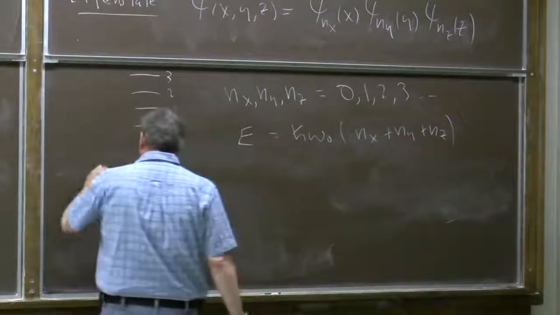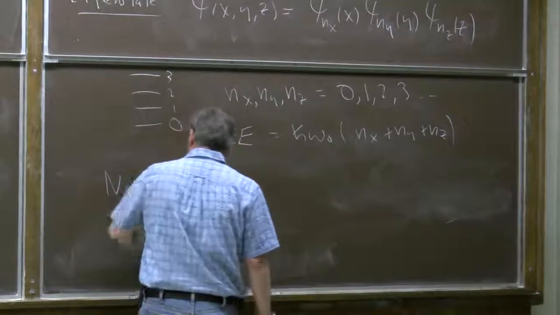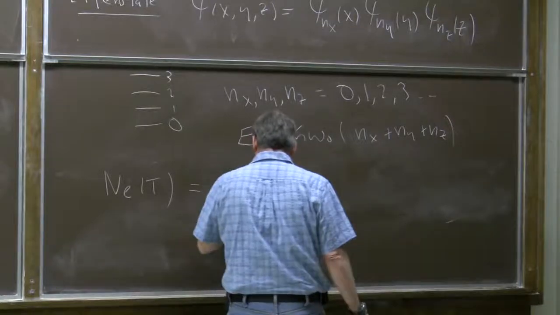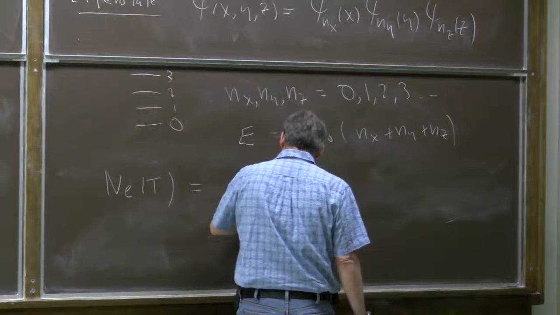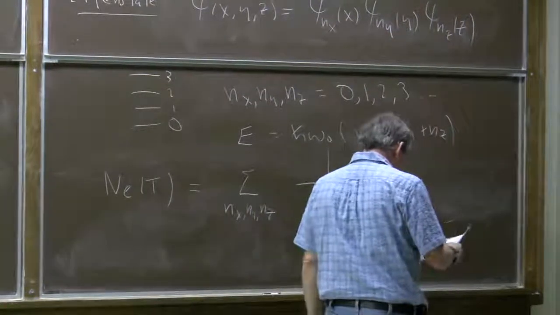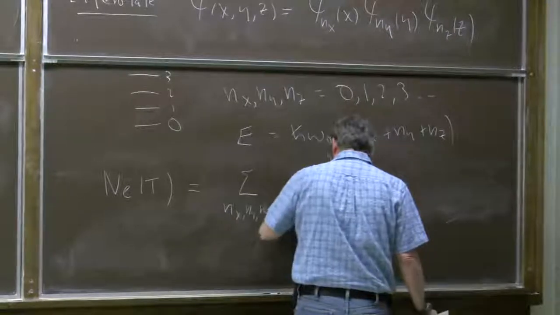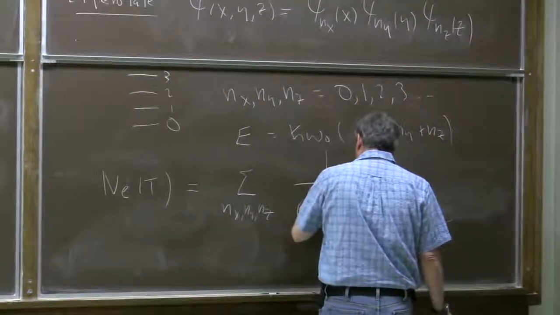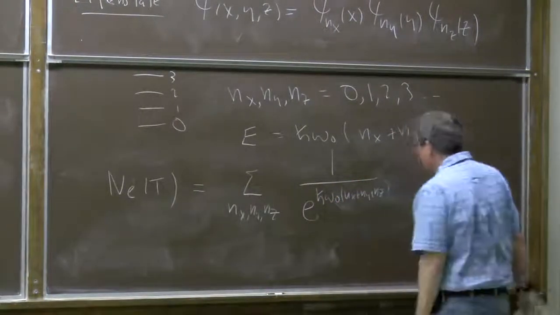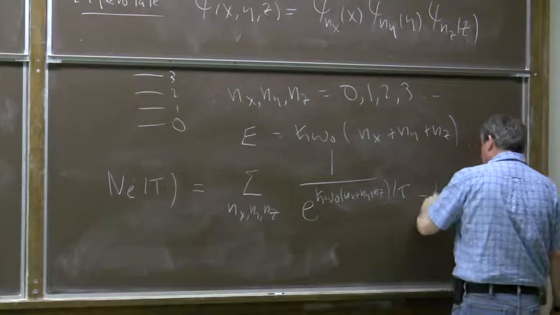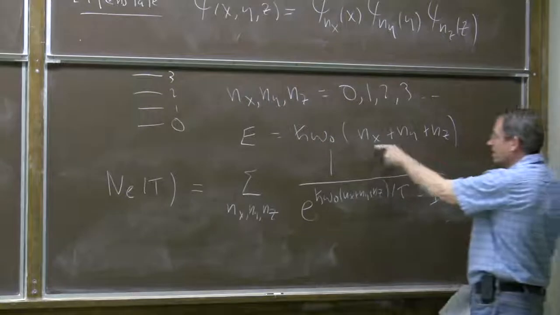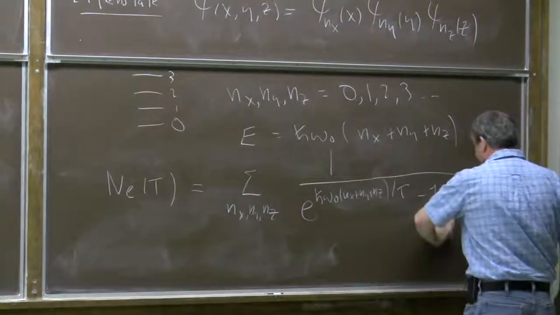And so, for the total number of particles in the excited orbitals, I sum over all the excited orbitals, and then have a distribution function for each orbital, which is 1 over e to the h bar omega naught, nx plus ny plus nz, in other words, the energy of that orbital, divided by the temperature, minus 1. That's the Bose-Einstein distribution for this energy spectrum. Okay?